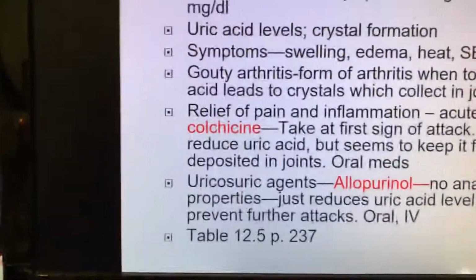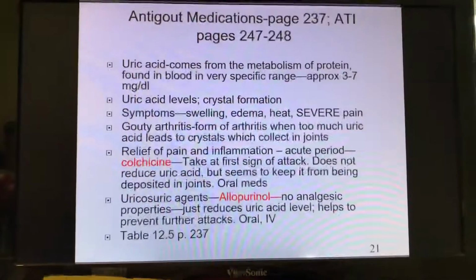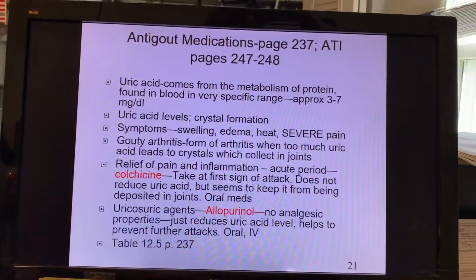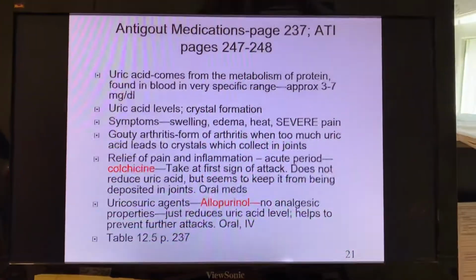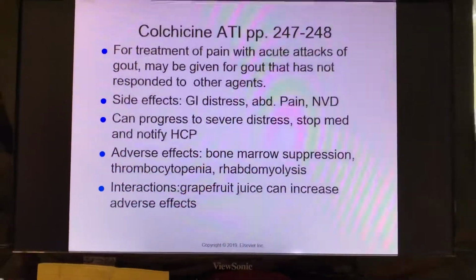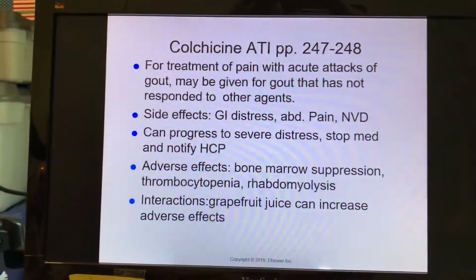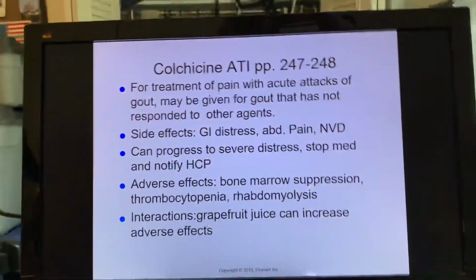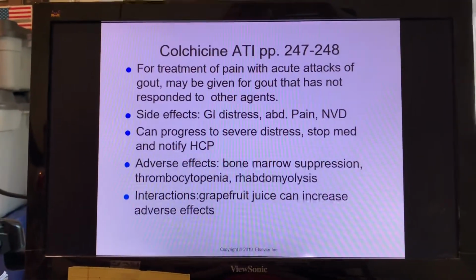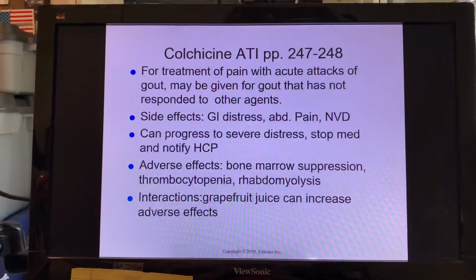There are some other drugs that a person might end up taking for comfort. Sometimes they might get steroids. They can take NSAIDs for relief of the discomfort, but these particular drugs are specifically given for gout. You can read more about colchicine on pages 247 and 248 of your ATI book.